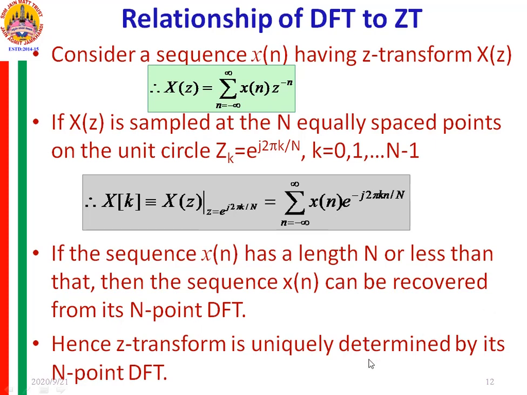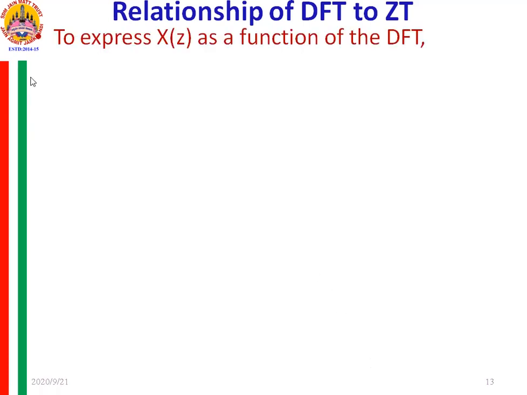Now to obtain the relationship directly between X(z) and X(k), that is in terms of z and k, how to obtain one from the other, to express X(z) as a function of DFT, let us proceed ahead and assume that x[n] exists for the duration 0 to N minus 1.